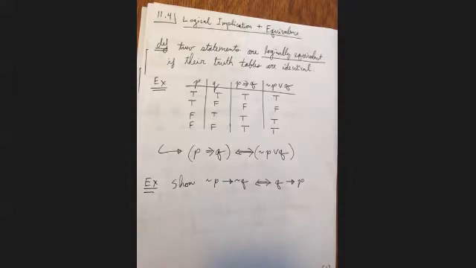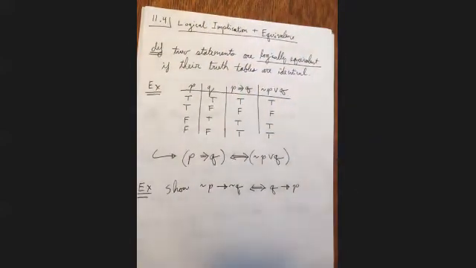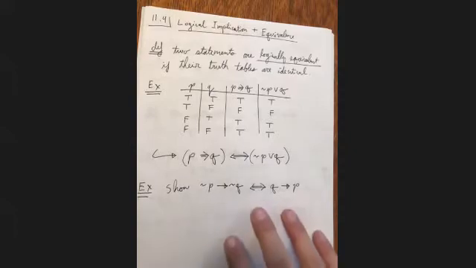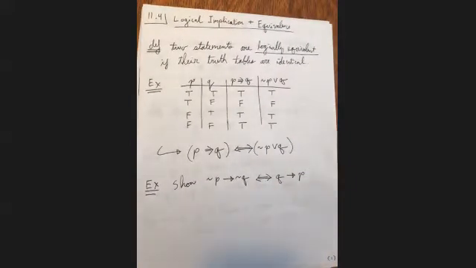So we were talking about logic. That's chapter 11. And we left off last lecture with the implication. So we went over all of the nitty gritty about logical implication.